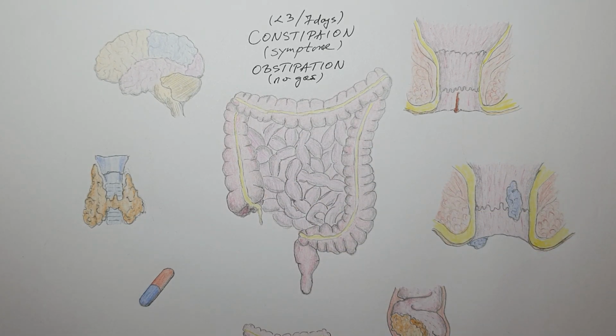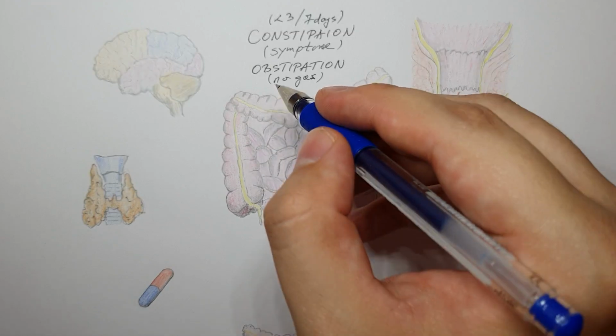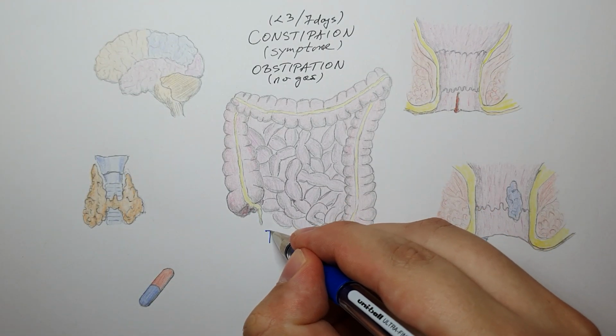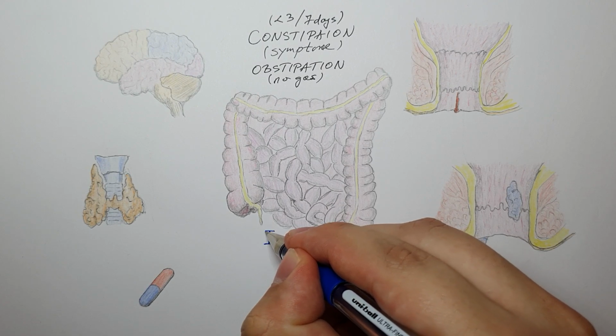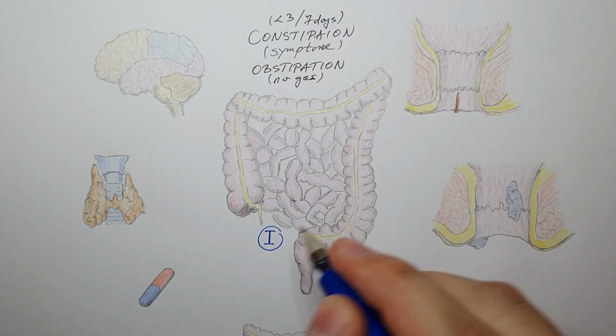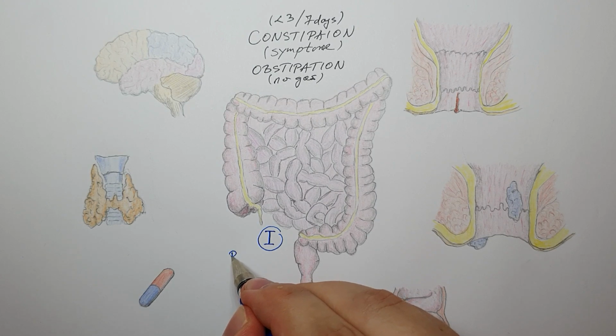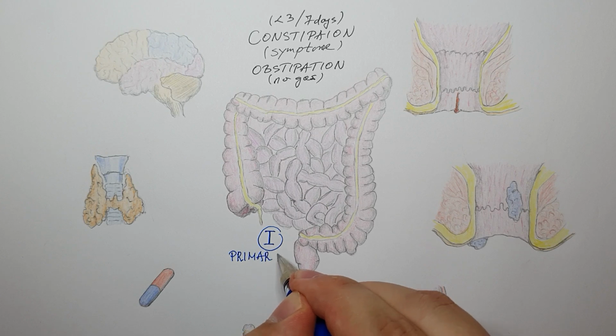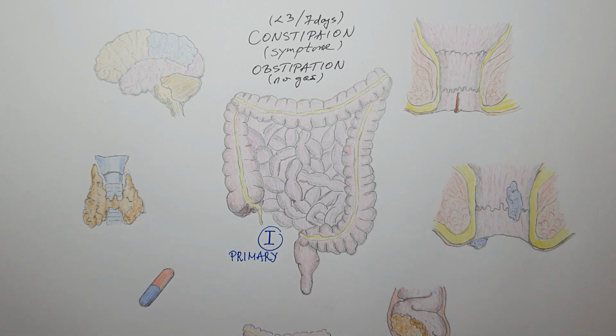But if the patient has constipation and there is no underlying cause, that is thought of as primary constipation. So we will just put it like this. So primary constipation, or it is also called functional constipation.